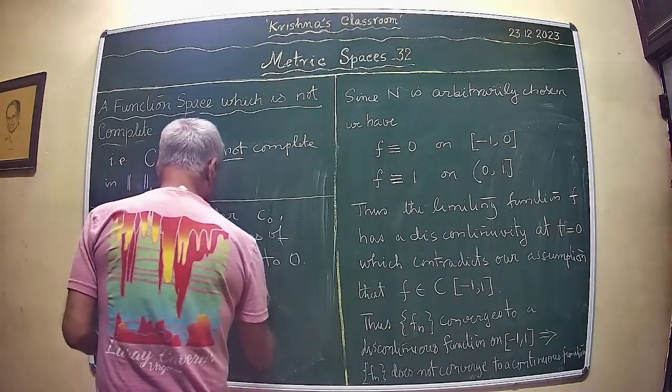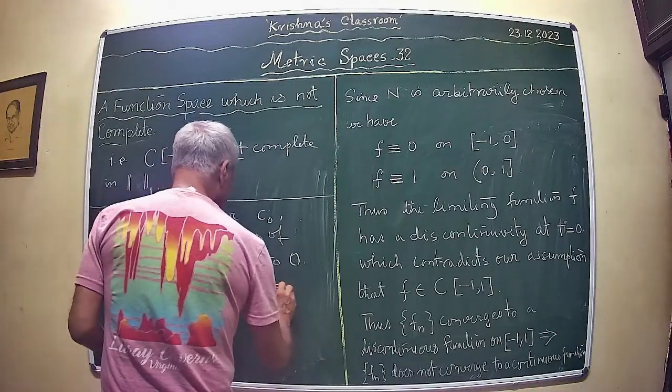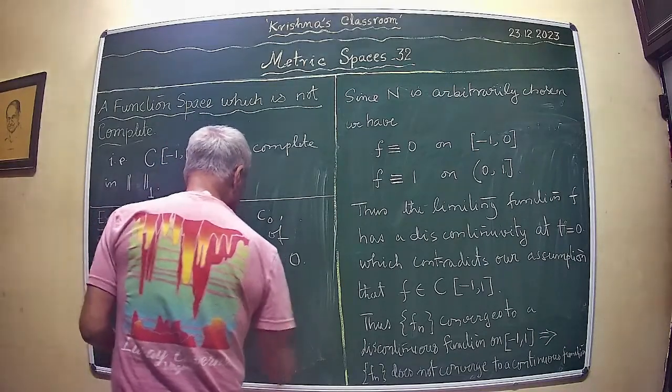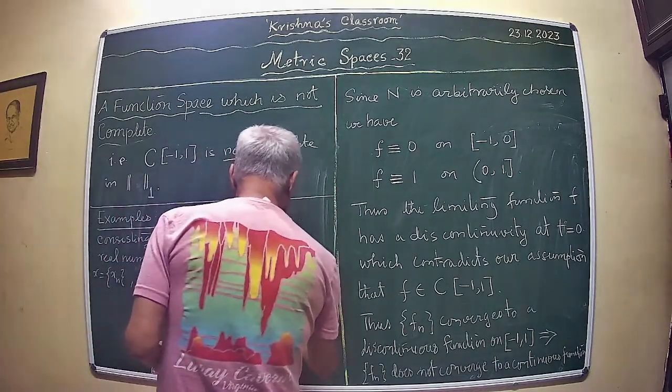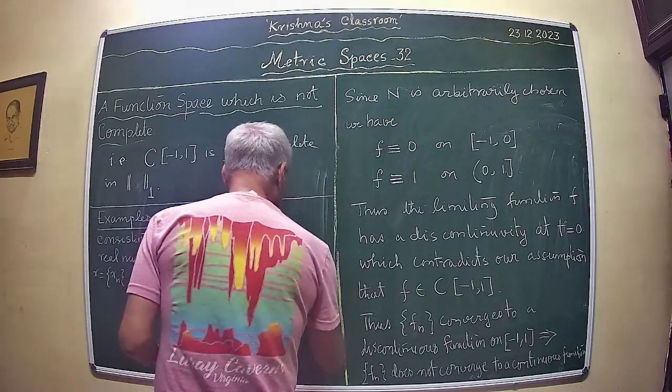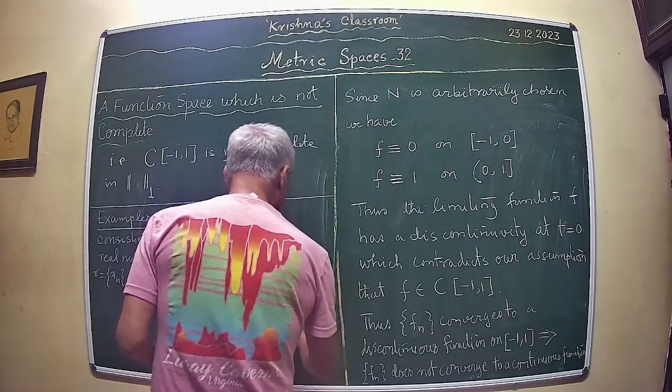And the norm of x you define as the supremum of the absolute values of xn over n.